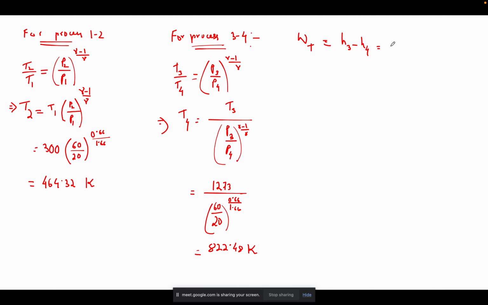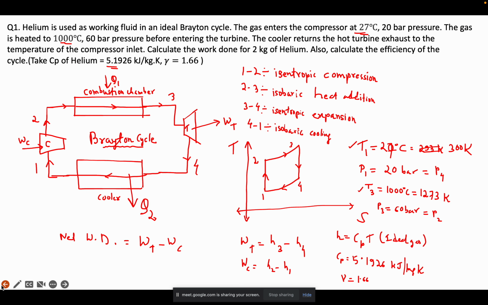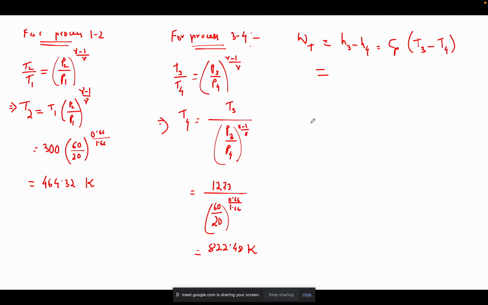Okay, that is Cp times T3 minus T4. So what is your Cp? 5.1926. T3 is 1273 and T4 is 822.48.